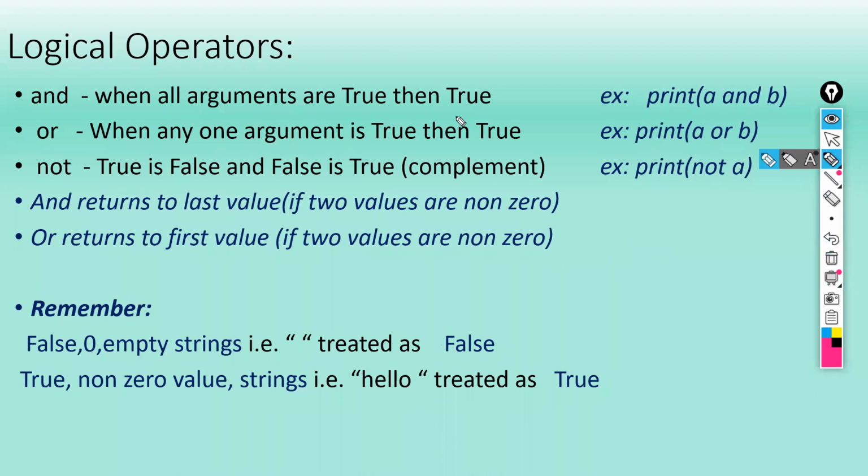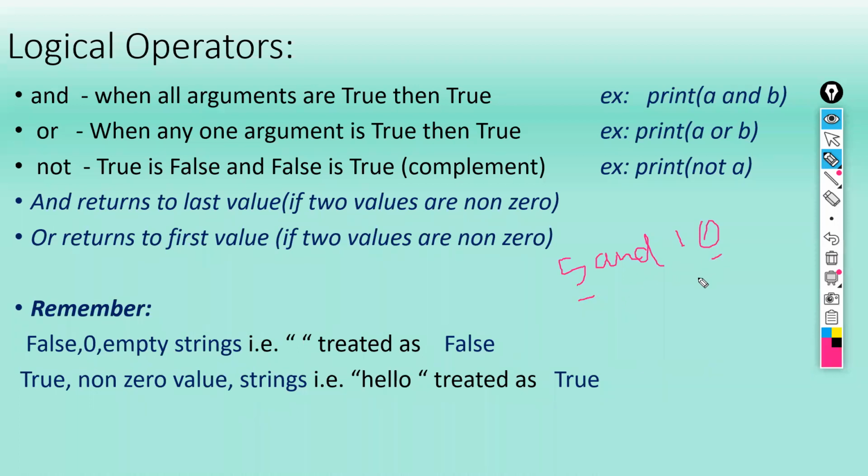Likewise, if you want to do an AND operation between numbers 0 and 5, it gives false. And if I take 5 and 10, this is a true value, this is also a true value.